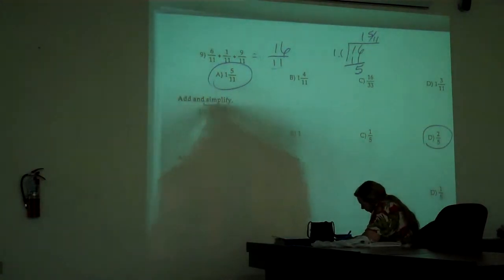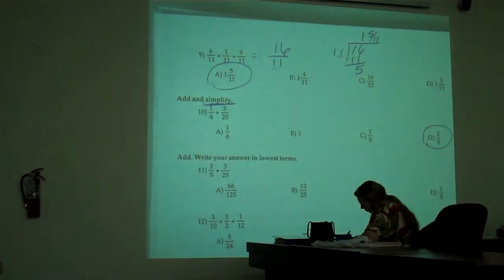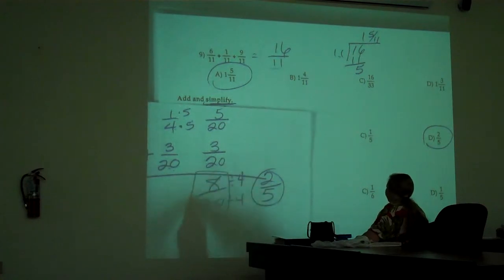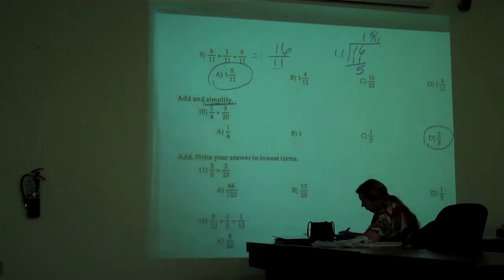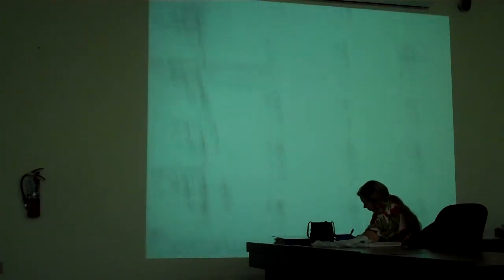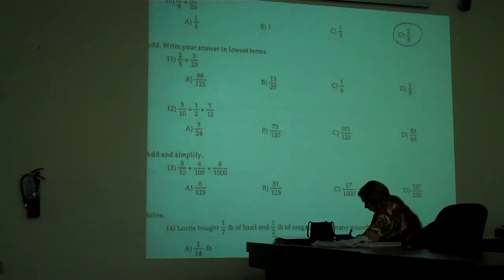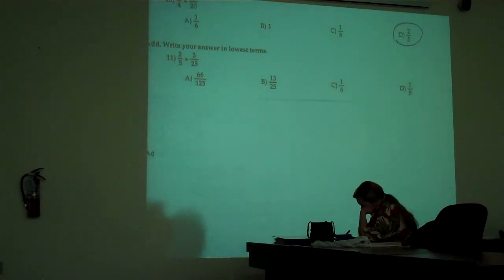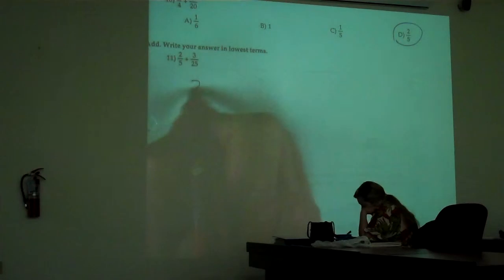Because it says simplify. So if you don't have multiple choice, don't forget to reduce it, okay? If you gave me the answer 8 twentieths, I would only give you half credit. So make sure you check for reducing. Okay? What do we need for 11? Common denominator. For add and subtract, you need common denominator.